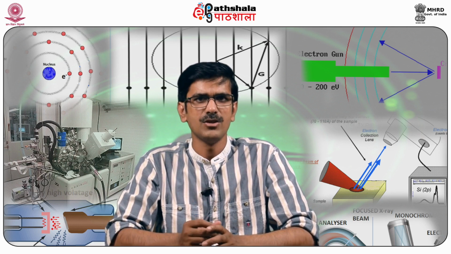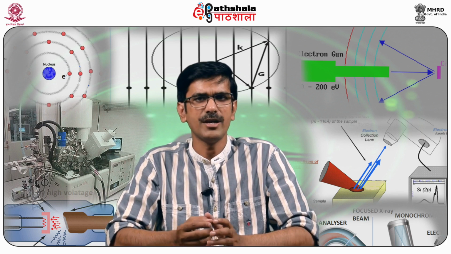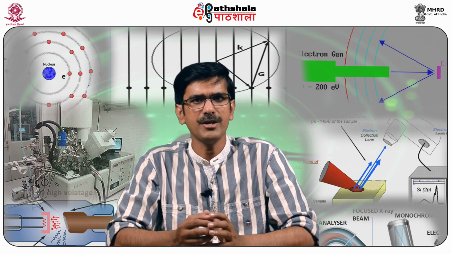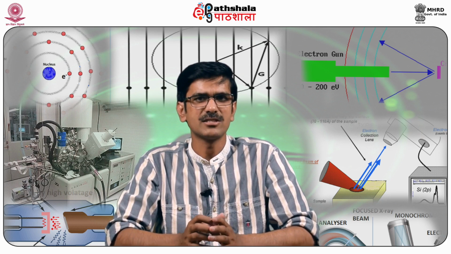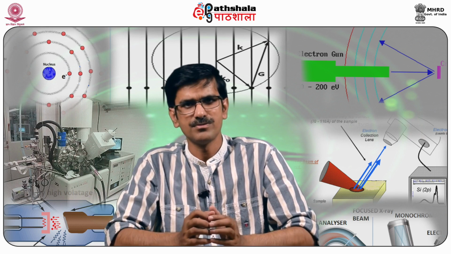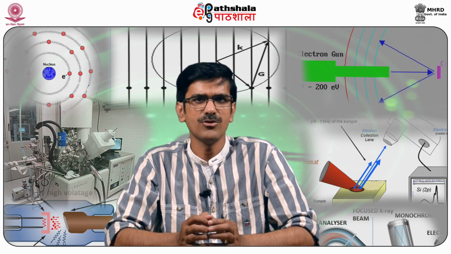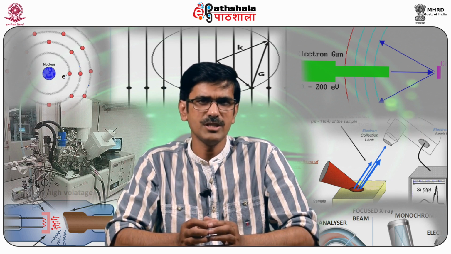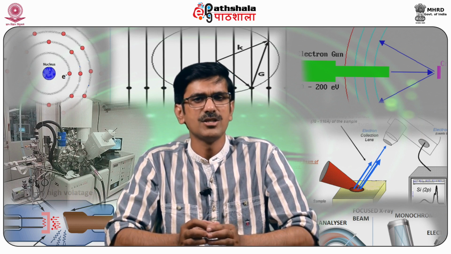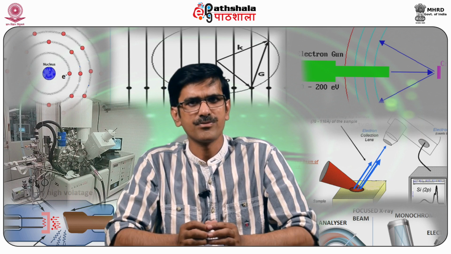This means we will study the energy limitations that we have to keep in mind while dealing with an EDX system. These limits are the energy resolution, that is up to 130 electron volt, seen at full width at half maximum. The limit of detection is 1000 to 3000 ppm.